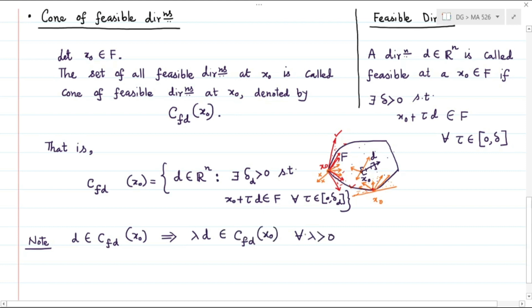Very easy to check. And therefore CFD evidently is a cone. Not only is it a cone, we can also prove that the origin must belong to this cone of feasible directions, and therefore it is a cone containing the null direction as well. This cone of feasible directions is also referred to in optimization literature as the radial cone. So they are used interchangeably.